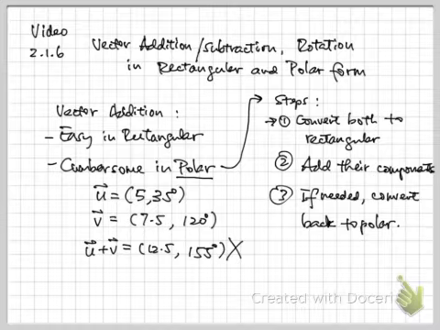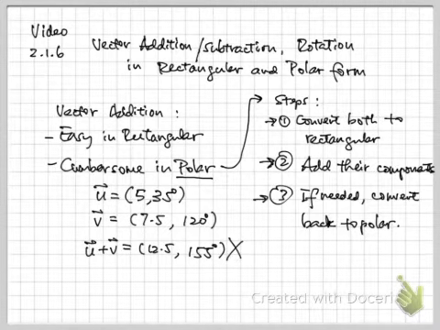Once they're both in rectangular form, you just add their respective components, and that would be the answer. Sometimes the problem may ask you to convert it back to polar, in which case you go through the reverse process and convert it back to polar form. Unfortunately, there's no easy way to add vectors in polar representation without going to rectangular form first.